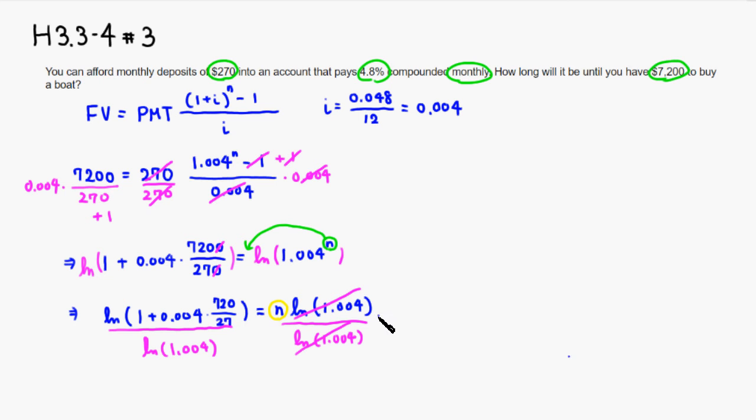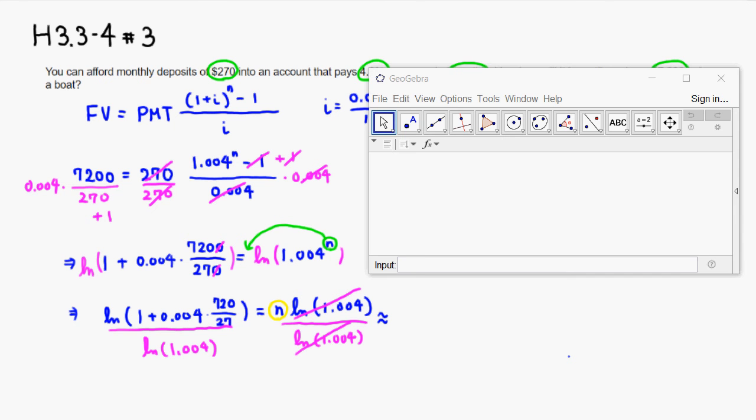Let's use GeoGebra to compute that. We need to find the natural log of 1 plus 0.004 times 720 divided by 27, and then divide this by the natural log of 1.004.